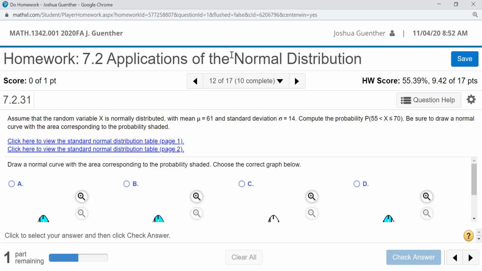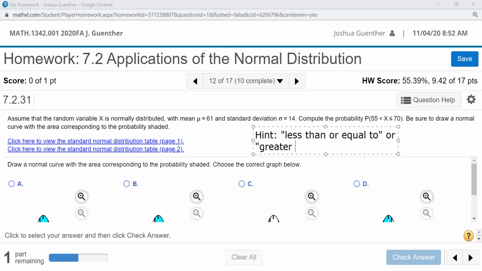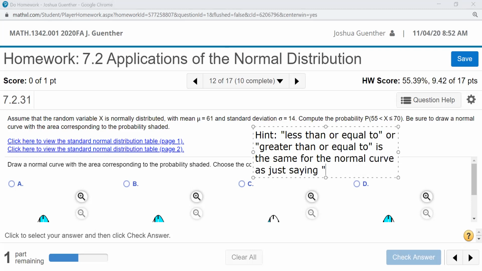I'll give you a hint. For reasons that go a little beyond what we want to cover, using less than or equal to, or greater than or equal to, is the same for the normal curve as just saying less than or greater than, respectively. Don't let that trip you up.